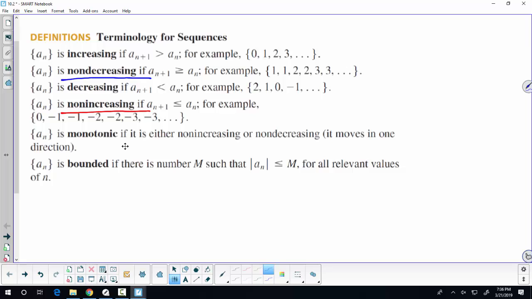And non-increasing, where the next term is less than or equal to the previous, means that it could be constant or it's decreasing.